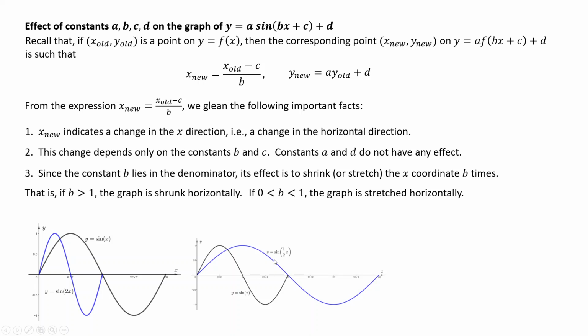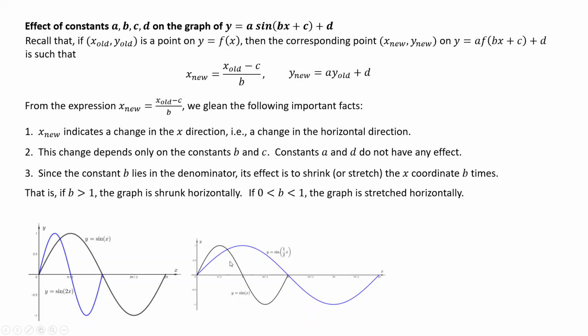So this is tantamount to dividing by 1/2. Dividing by 1/2 is multiplying by 2. Sure enough, this has stretched to twice the size horizontally. 0 to 2 pi actually now goes from 0 to 4 pi. Over here, 0 to 2 pi has shrunk to 0 to pi.